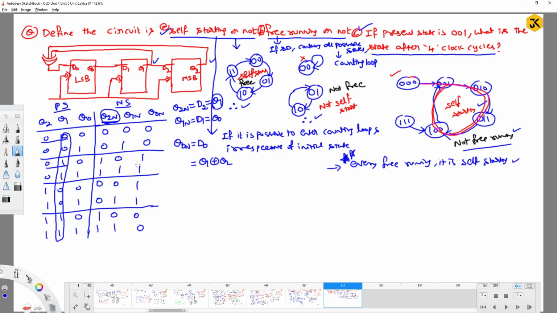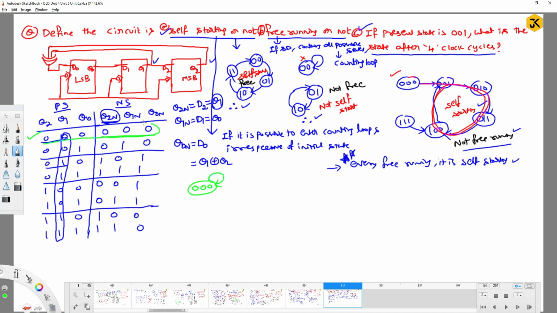That's it, right? Now once we have drawn this particular table, can you go with the state diagram? Yes, right? If I am present at 0, 0, 0, what might be the next state? Next state is going to be 0, 0, 0 only.